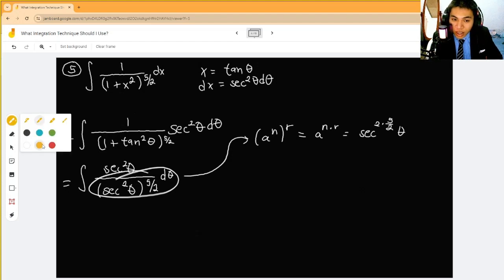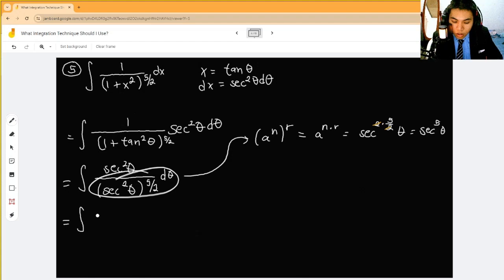All right, 2 times 5 is 10, divided by 2 is 5, so we can just cancel these two out, and we are left with secant to the 5th power theta, and we can rewrite that.